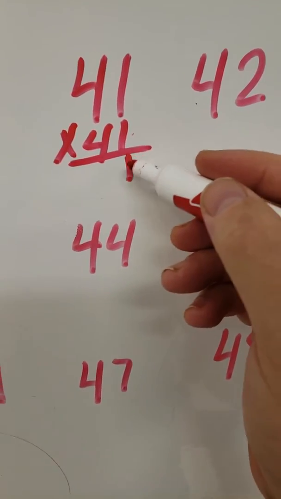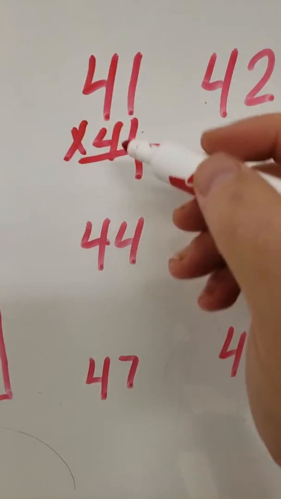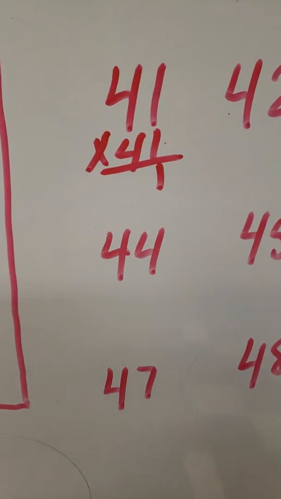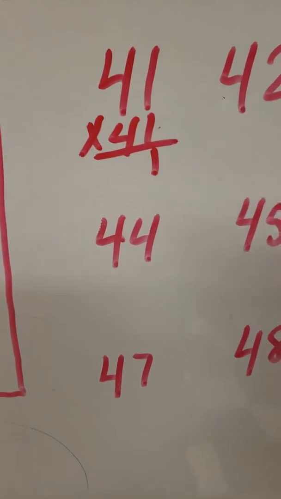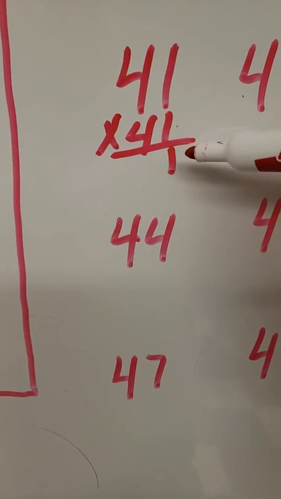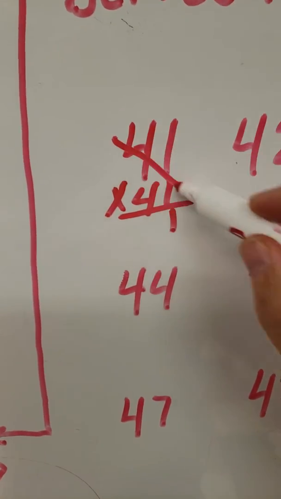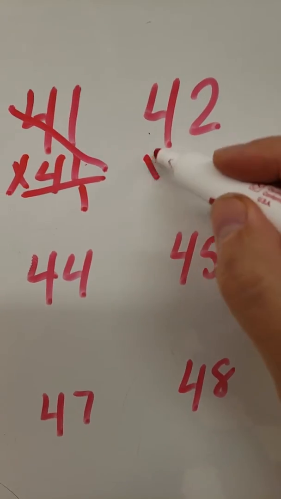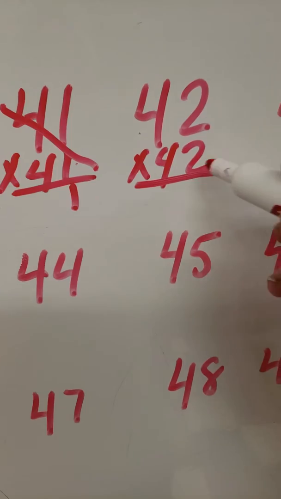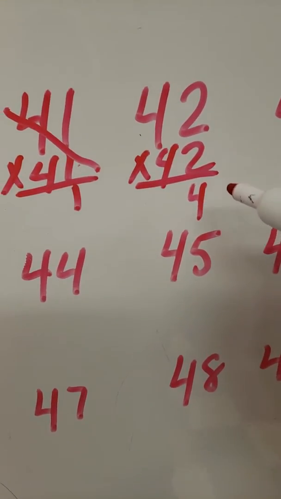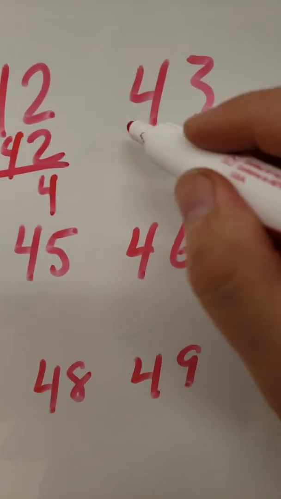And that's what the number is going to end with after I multiply the whole thing. So I don't have to multiply all of 41 times 41 because I know it's going to end with that 1. That's not a 4. So this gets eliminated. 42 times 42, however, will end with a 4. So we're going to keep that one.